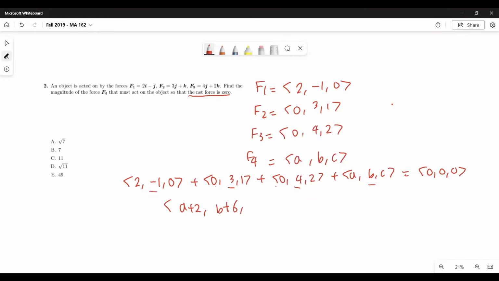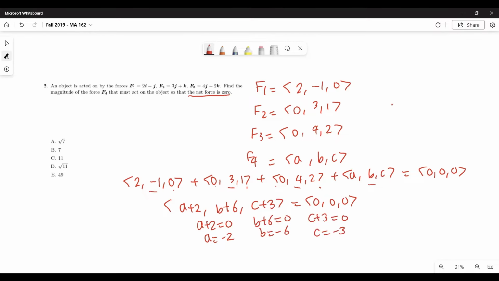And C becomes 0, 1, 2, so C plus 3. This should equal 0, 0, 0. All of those values should equal 0, meaning A plus 2 equals 0, A is -2, B plus 6 equals 0, B is -6, C plus 3 equals 0, so C is -3. So F4 is actually -2, -6, -3.